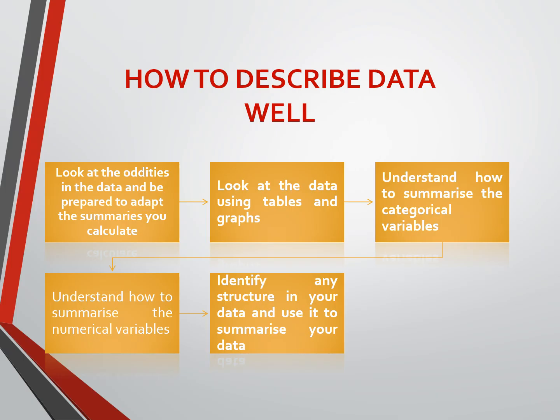Oddities in the data means that whenever we make a sample collection, such as a questionnaire survey, some of the answers come outside the range. Those are known as oddities. We have to remove them to arrive at a symmetrical database, meaning it is within a particular range.